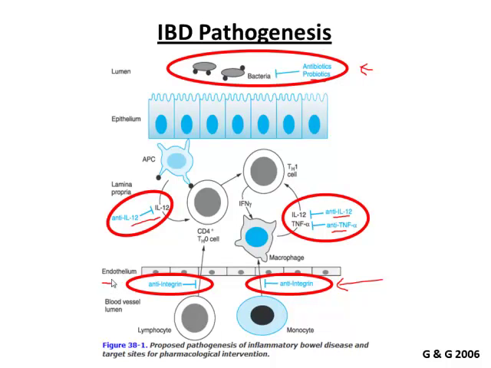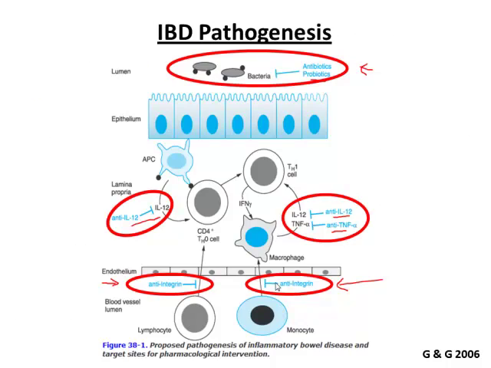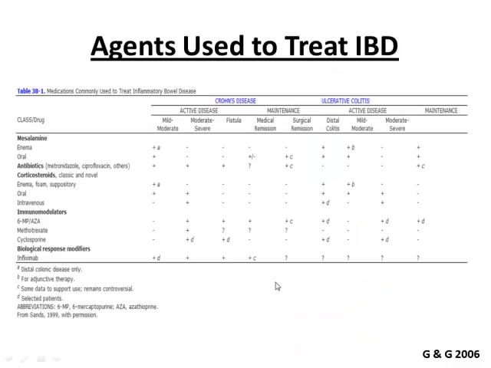Those are aimed at stopping integrins from coming across the endothelium and causing inflammation that way. The last slide is just agents used to treat IBD, and you can go over this yourself if you like. I'm not going to go over the table here.